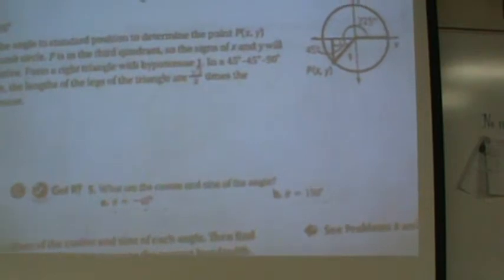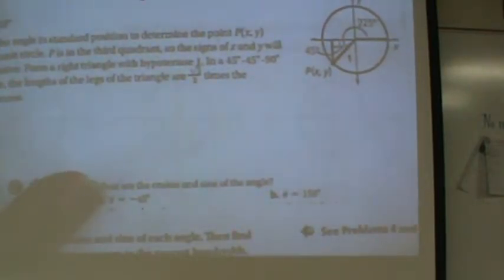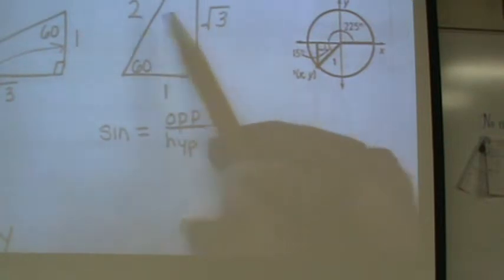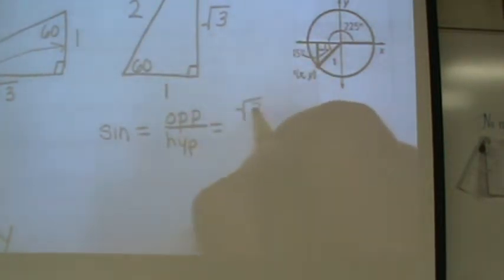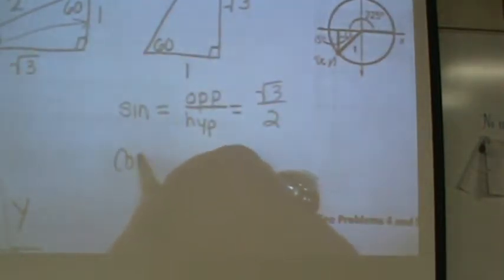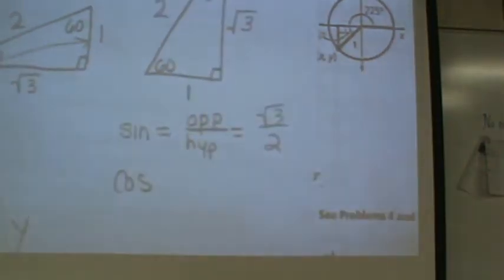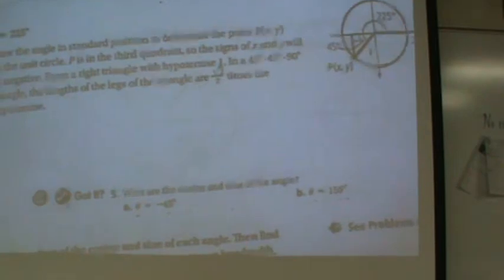Okay, so if I asked you what's the sine, cosine, and tangent of 60 degrees, I'm going to use side opposite over hypotenuse. So √3 over 2. Cosine would be 1/2, and tangent would be √3 over 1. Does that make sense? All right, now check this one out. 225 degrees. Where is 225 degrees? Help me out.